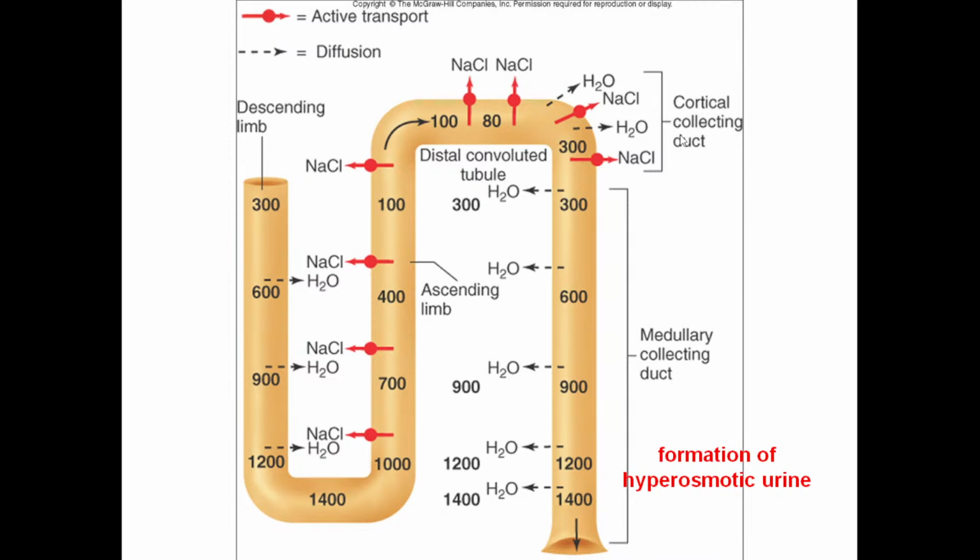At the same time, the medullary interstitial fluid becomes hypertonic, as you can see on the slide, and provides the potential to concentrate urine in the collecting ducts. Water permeability, the third component, in the collecting ducts must be variable.